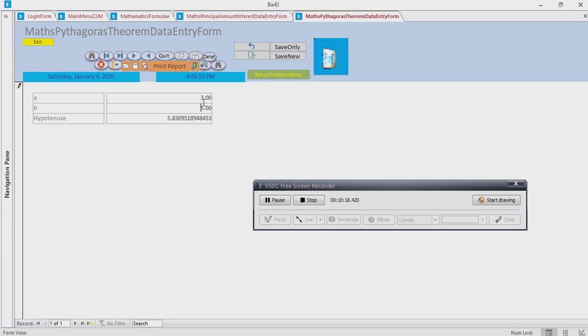Let us say B is 4. If B is 4, then the hypotenuse is 5, given that A is 3 and B is 4.